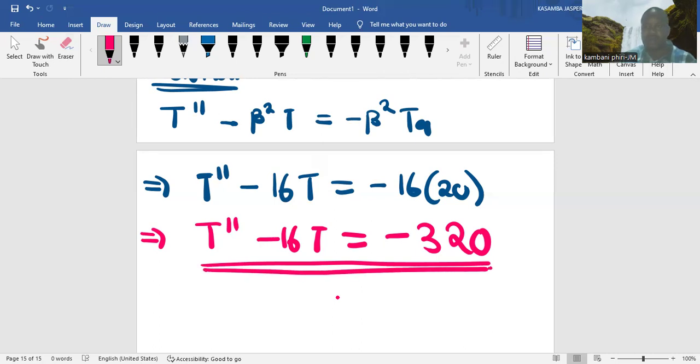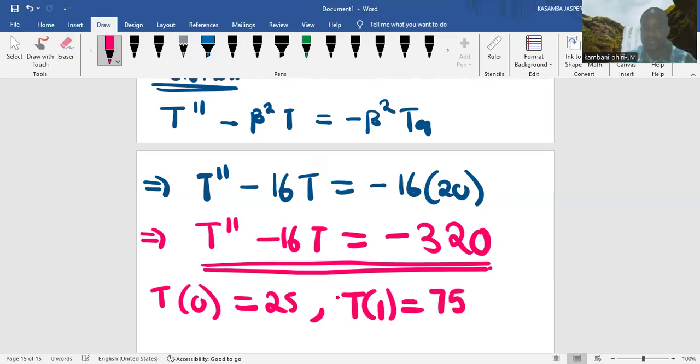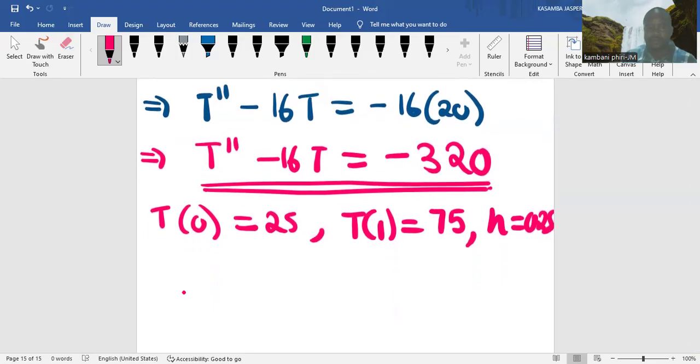Now we've been told that T of 0 is 25, then T of 1 is 75, and our step size is 0.25. So what does it mean? From here, we know that our lower limit is 0 and our upper limit is 1.